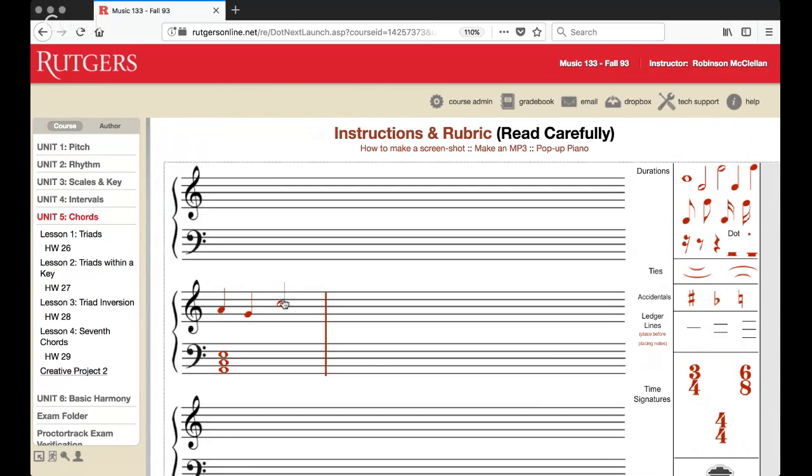Stem direction. If it's above the middle line, we want the stem going down. So that is the right note, but not the right stem direction. So that would be a nice little measure that you could compose. Whoops. That's kind of the general look we're going for. Would you agree with that?